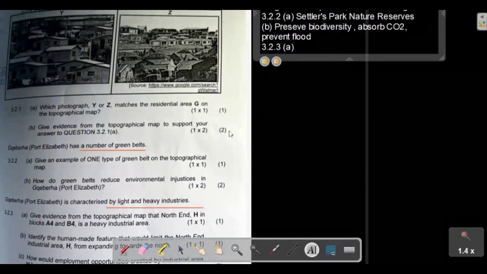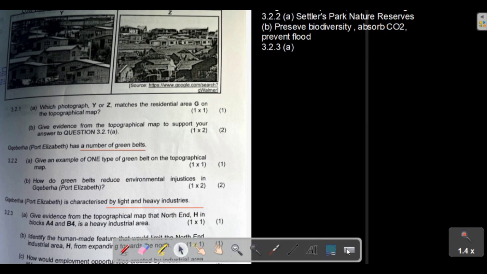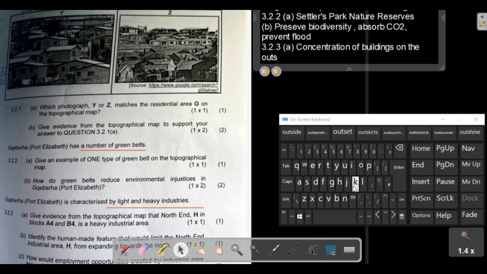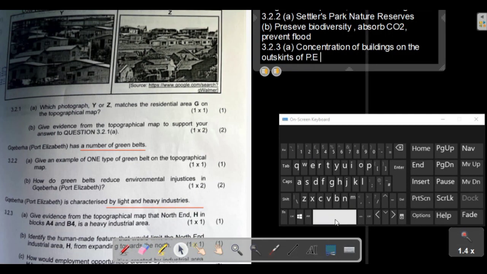So we see a concentration of buildings which are on the outskirts of Port Elizabeth, so I'll just write PE, and they are next to the national road.